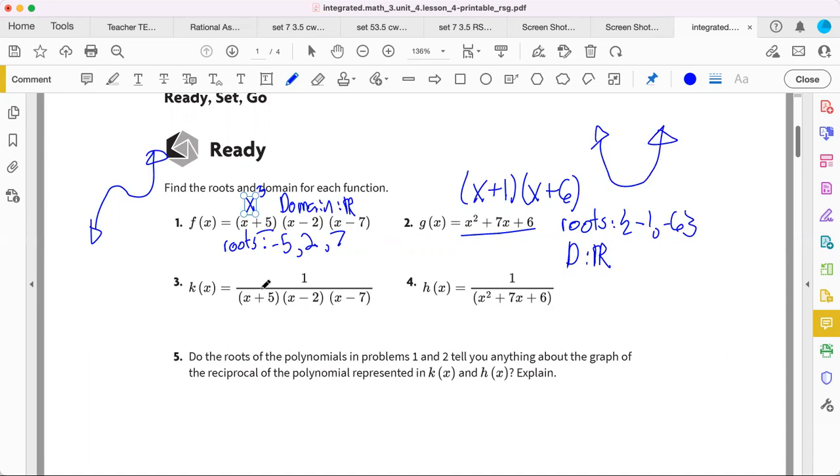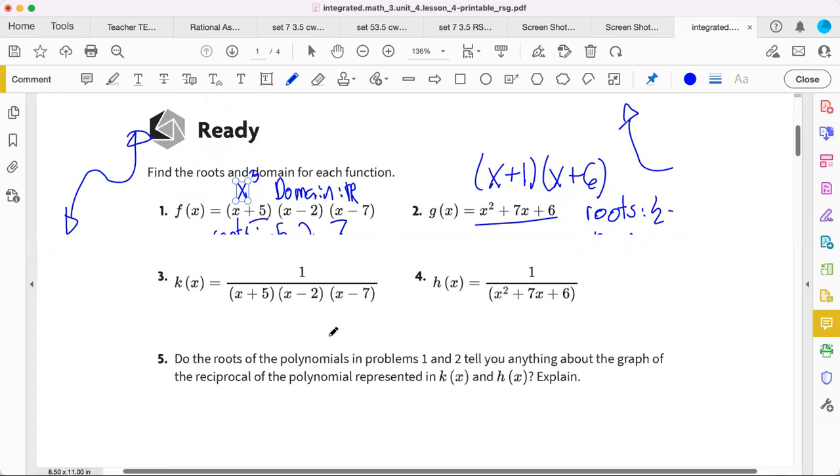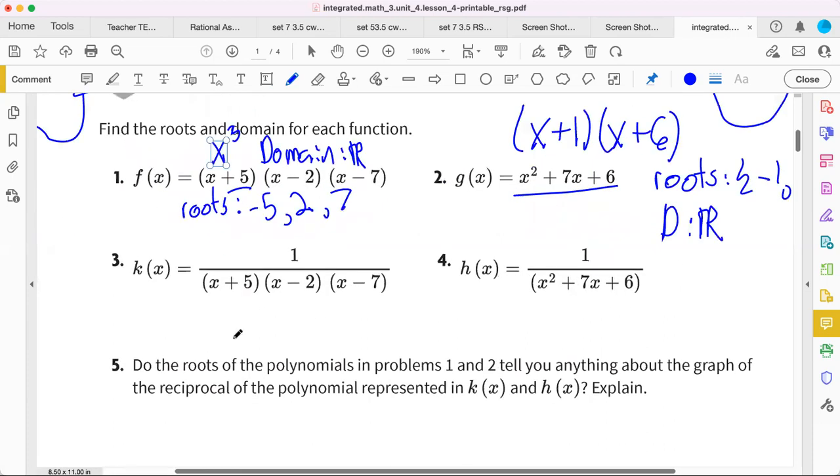However, down here, we don't really have roots for this type of situation. It's not really talked about with rational expressions. It's more so with polynomials. So here, the domain does switch up because now we say that the domain's all real with the exception of x not being equal to pretty much these roots, -5 and 2 and 7.